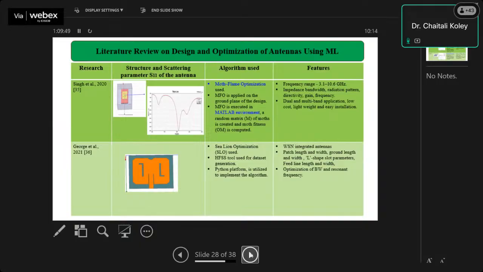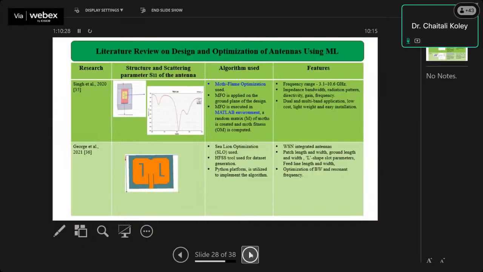Mainly they applied this optimization to the ground plane, and they implemented this algorithm in MATLAB. They obtained the range of 3.1 gigahertz to 10.6 gigahertz. So these are the basic features of that work.